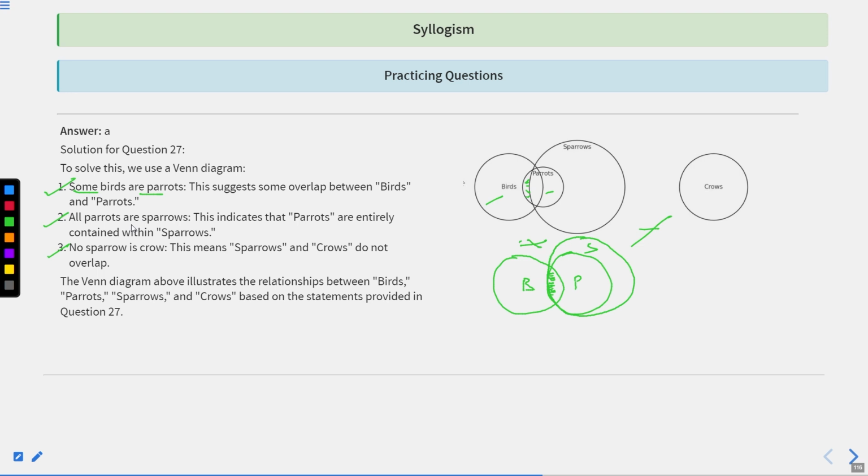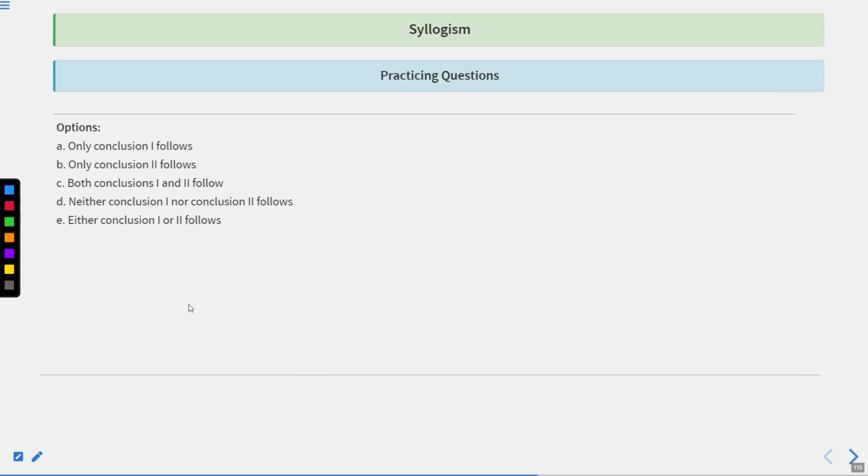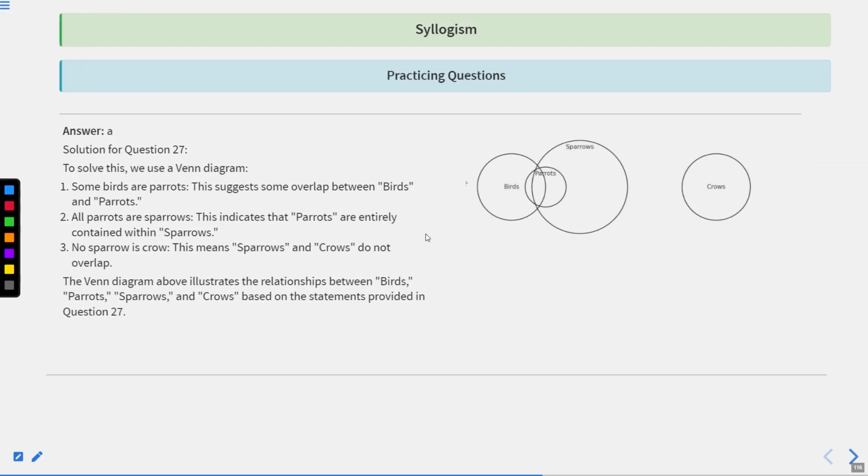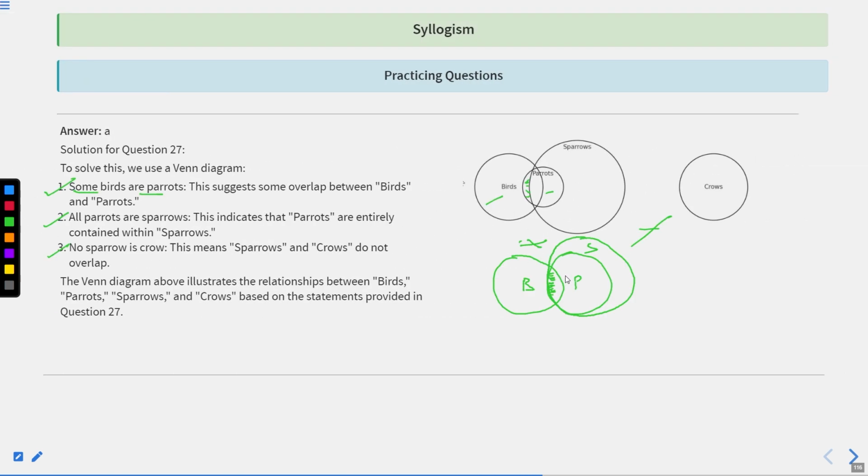Please understand, my dear students, very important point of discussion, that here you can clearly conclude that some sparrows are birds. If this would have been the statement, some sparrows are birds, then yes, some sparrows which are parrots, because all parrots are sparrows, that has been clearly mentioned, and some birds are parrots.